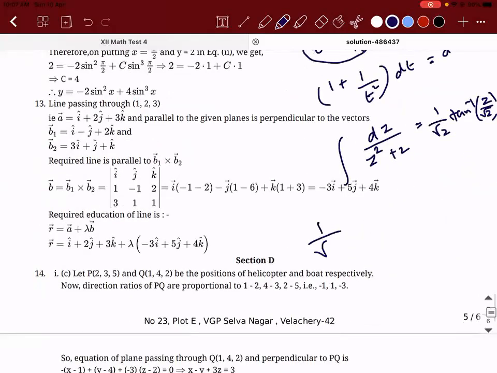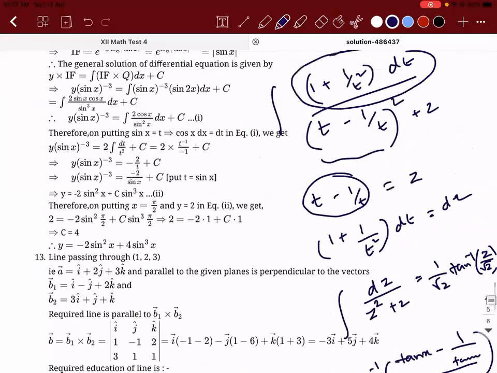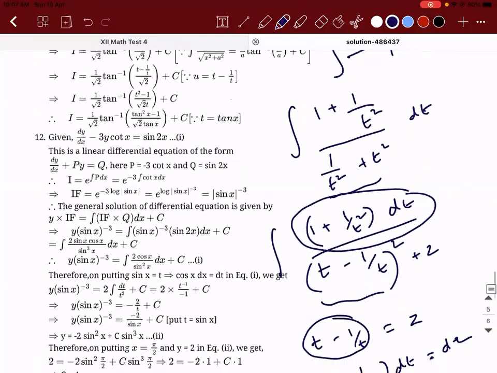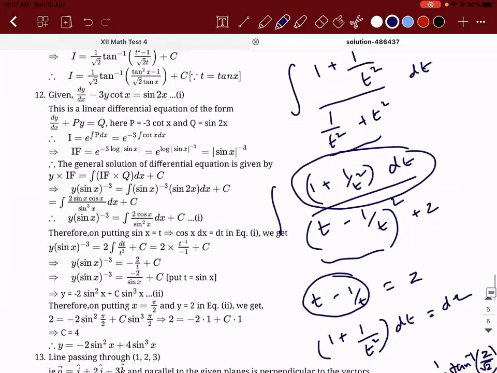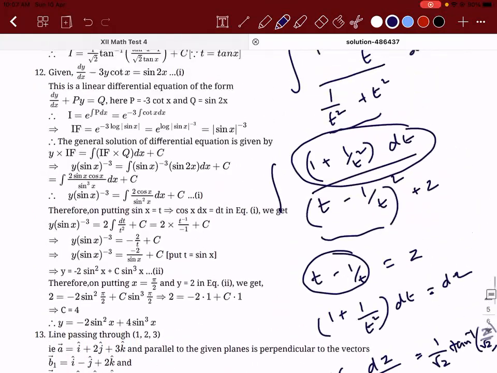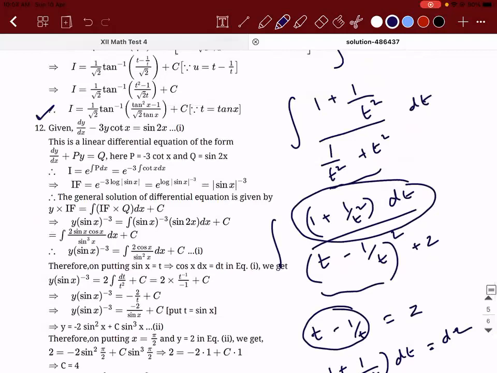So 1 by root 2 tan inverse of tan x minus 1 by tan x, the whole divided by root 2. Taking LCM, tan square x minus 1 divided by root 2 tan x. This is the answer.